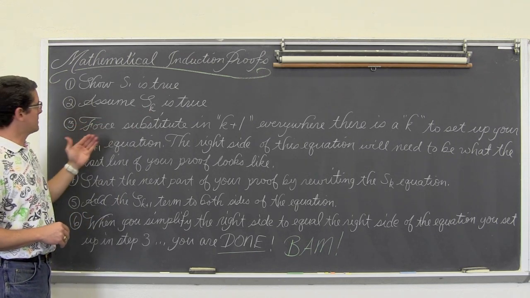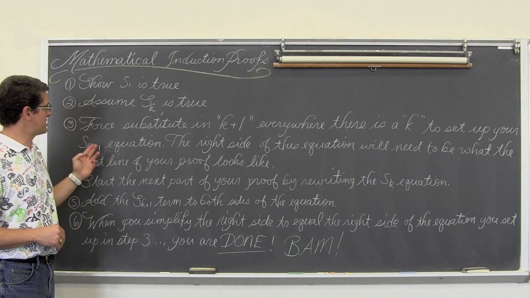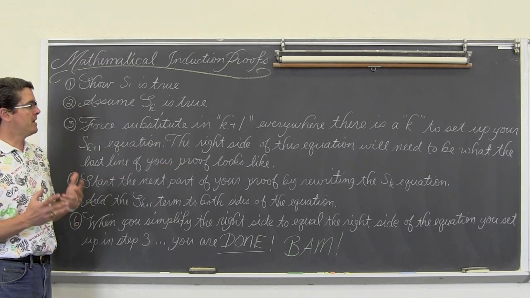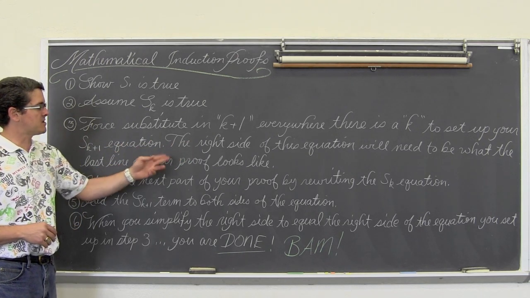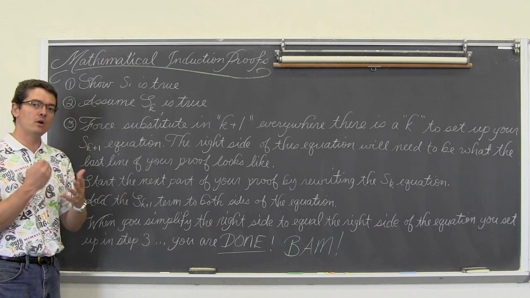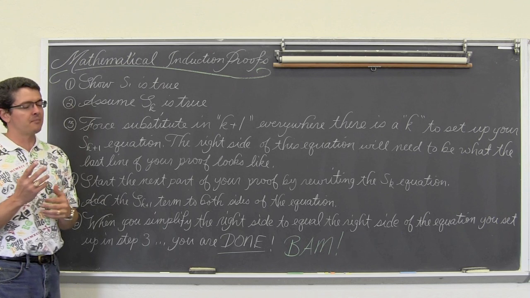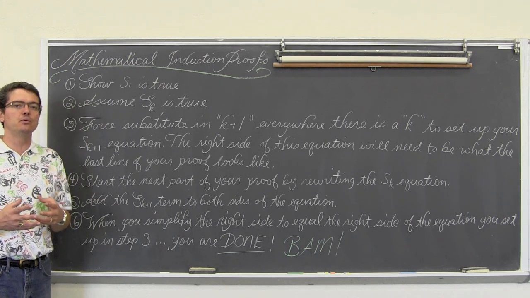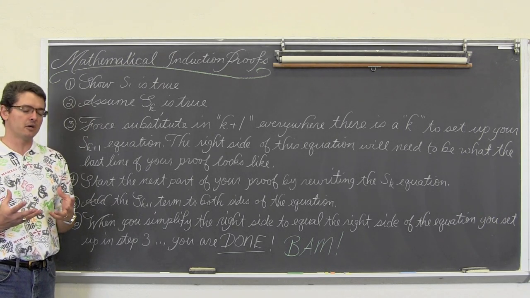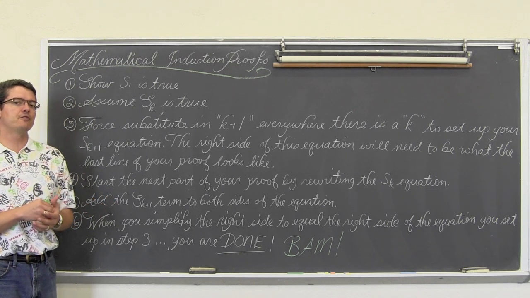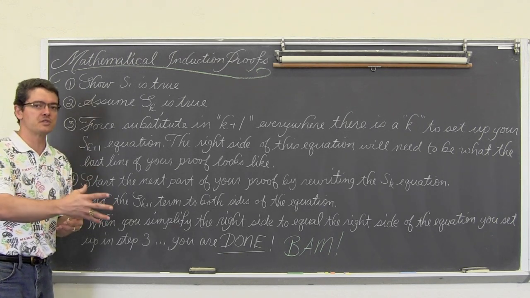So this is going to set up an S of k plus 1 equation. The right side of this equation will need to be what you get in the last line of your proof. You want to make that match. This particular step is kind of like me adding an extra step into what you might see in a textbook, depending on how it's written, of course, to just help clarify where you are going with this proof.